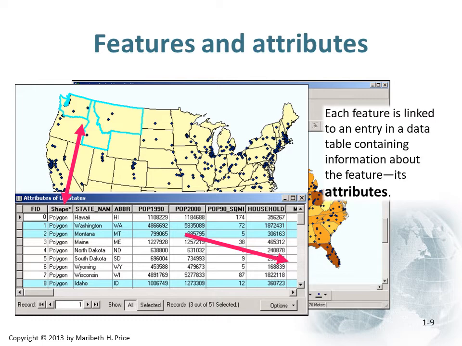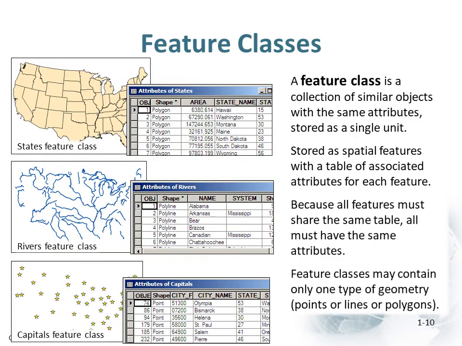In the newer formats, instead of using shape files, we use feature classes, and feature classes are different because the data is stored with the feature as a single unit. It's called an object-oriented architecture. Feature classes, similar objects, same sort of thing, all stored together, etc.